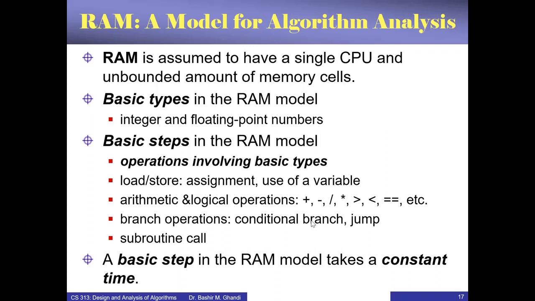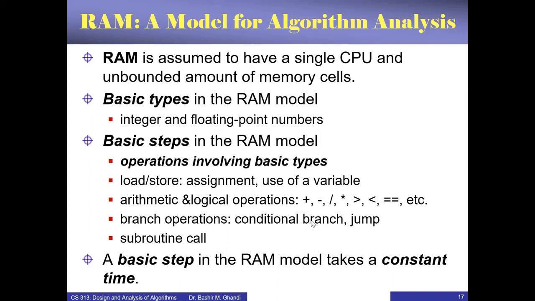Finally, we're going to assume that our RAM executes these basic steps in constant time. It takes a constant time to do addition. Another constant time, not necessarily the same as addition, but a constant time to do multiplication. A constant time to call a subroutine.